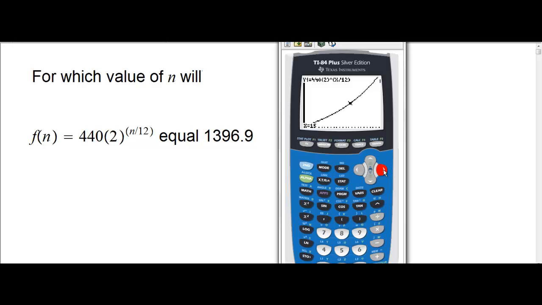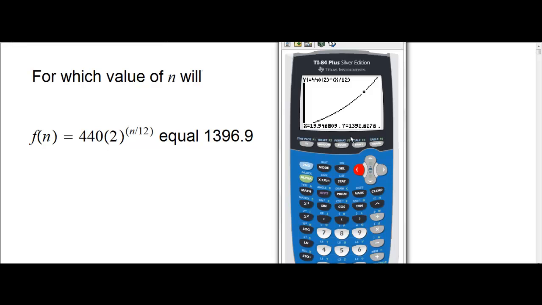So here we are, moving along the graph. Now we are at 1350, 1371, and then 1414. So we may zoom into this area.